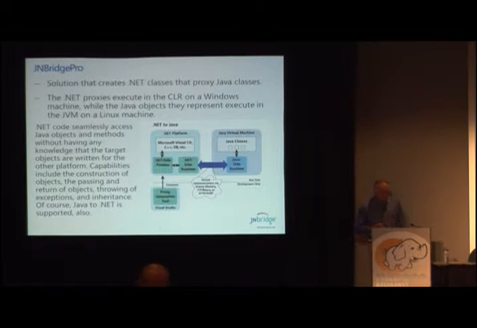So let's talk about JaneBridge Pro. It's really a solution that creates proxies of the objects that exist in one framework. We're going to be talking about calling Java from .NET. So what happens is there's a development stage where you can take a bunch of jar files, you look in those jar files and choose the namespaces or even the individual classes that you want to have proxied in .NET.